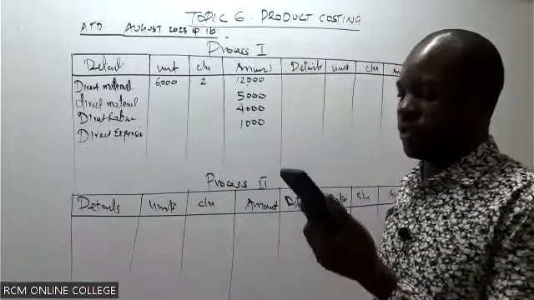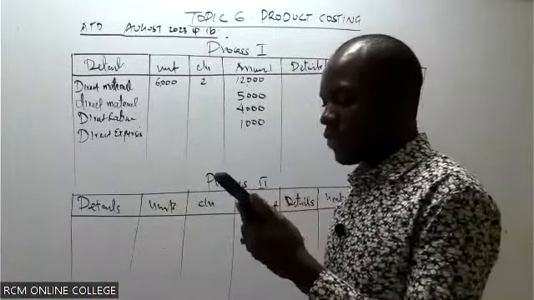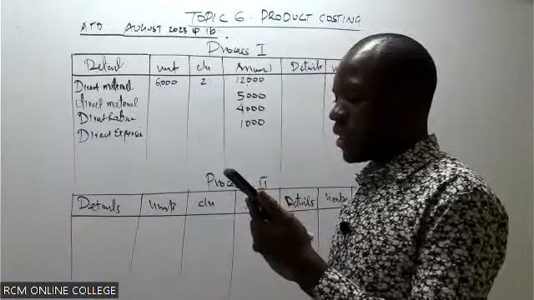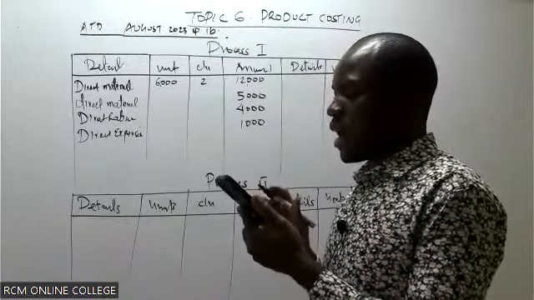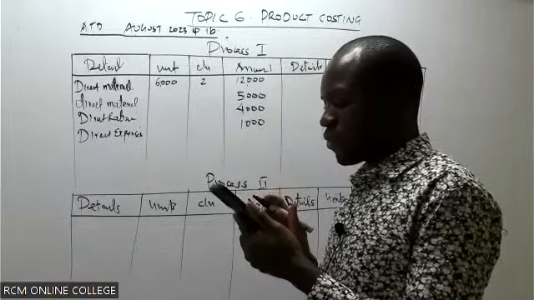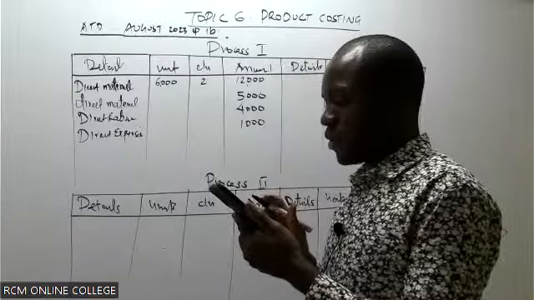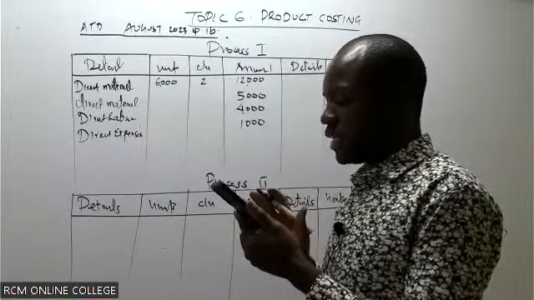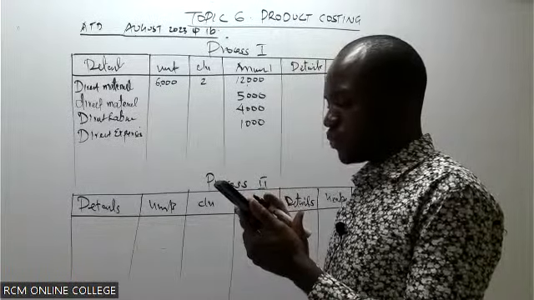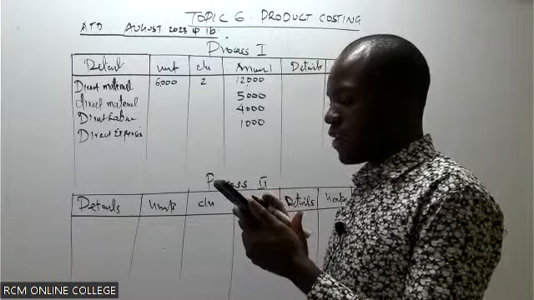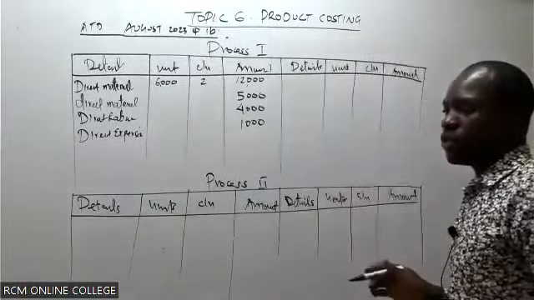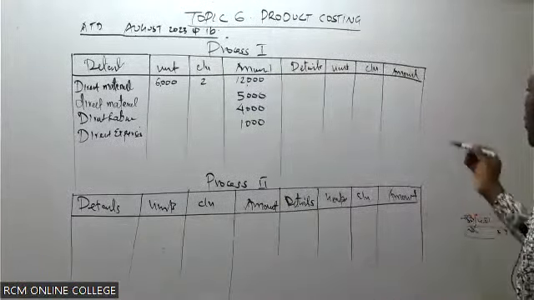Additional information. They are telling us that budgeted production overheads for the week is 30,000 and are absorbed based on direct labor cost. That is for the entire week. Then budgeted direct wages for the week amounted to 1,200,000. So it is again taking us back to this concept, which we've been learning all along.